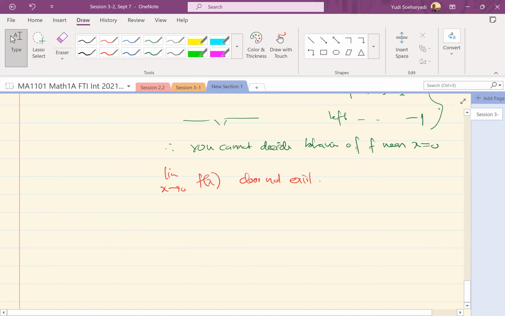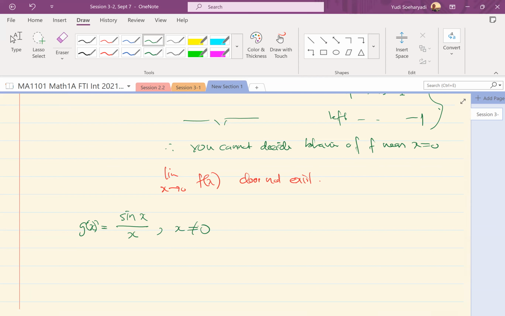And one other thing is that, let's see, this is more realistic. So suppose we have a function sine x over x, x not equal 0 because that's undefined at 0.